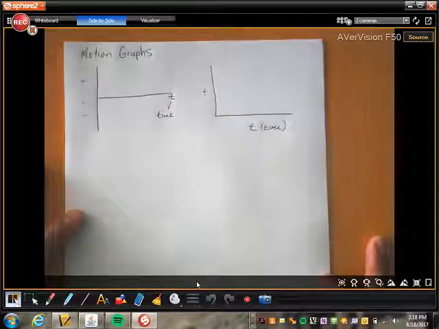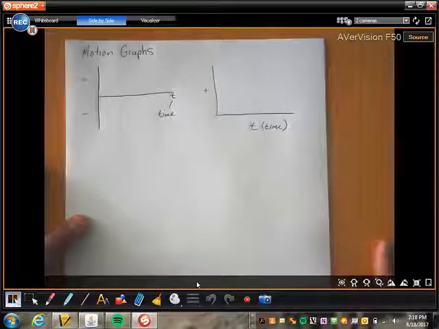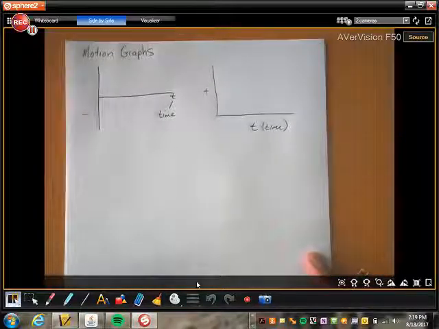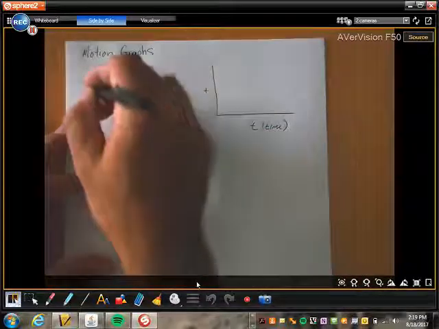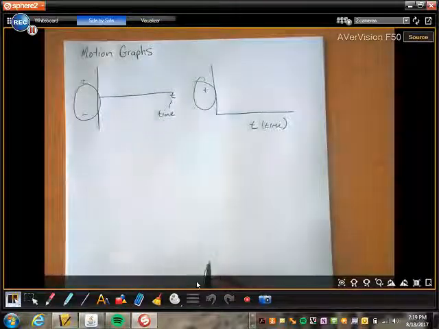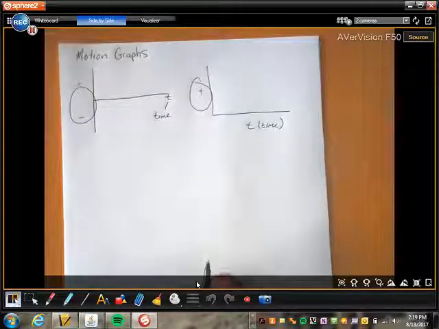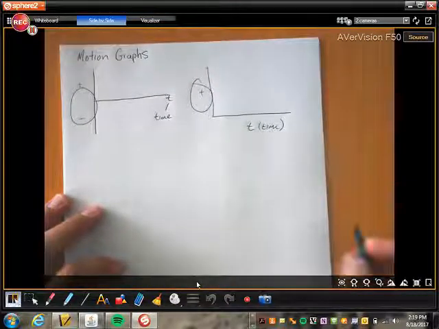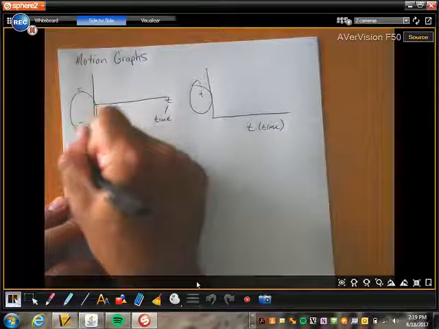So really, how is position changing over time? And then on this axis over here, we're going to do a couple different things. We're going to start out with position, okay. So we can write that.